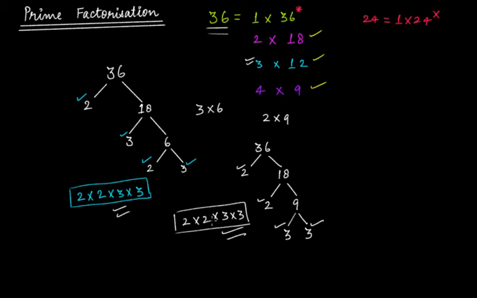This particular way is important because as your number gets greater and greater, having more digits, using the factor tree and finding the prime factorization will be really very tough.